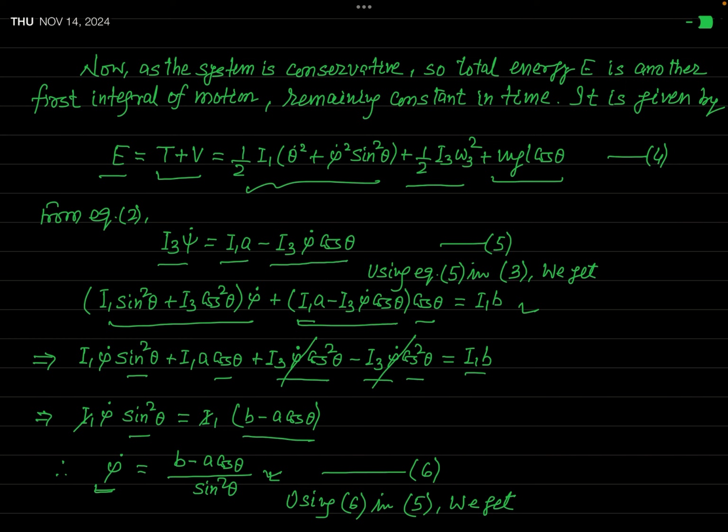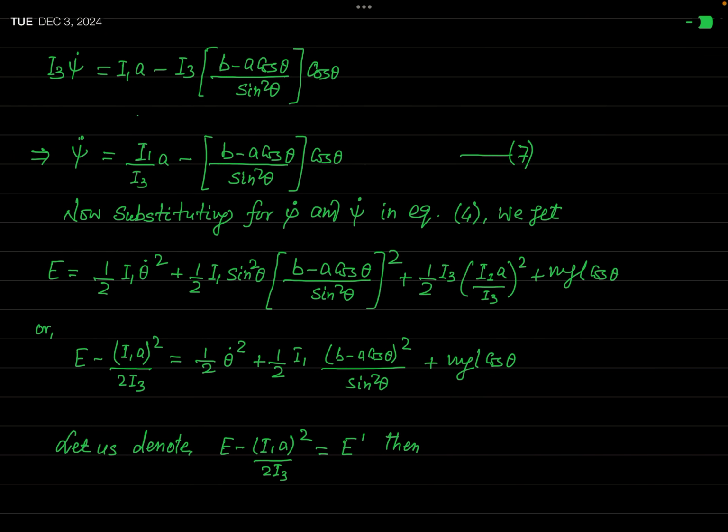Now this value of phi dot, which we have obtained in equation 6, let us use in equation 5. At the place of phi dot, use this value. So after using equation 6 in 5, what will be our result? This will be I3 psi dot equal to I1 a minus I3 times b minus a cos theta over sin square theta times cos theta.